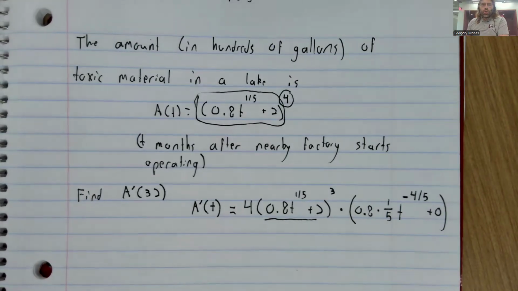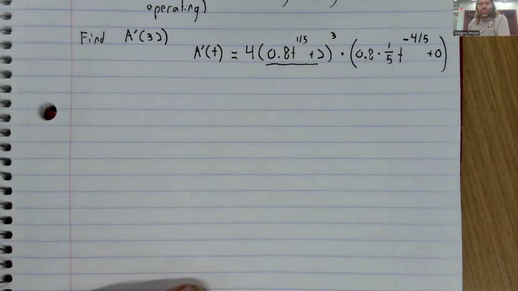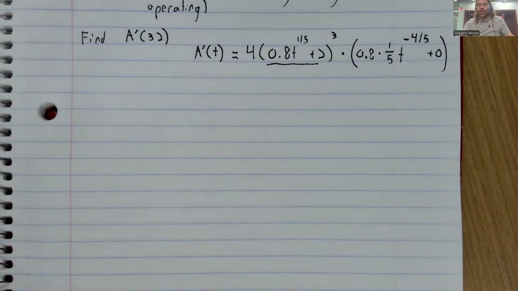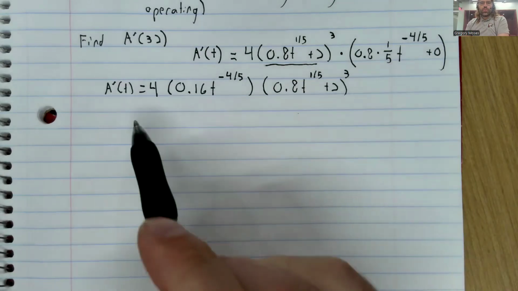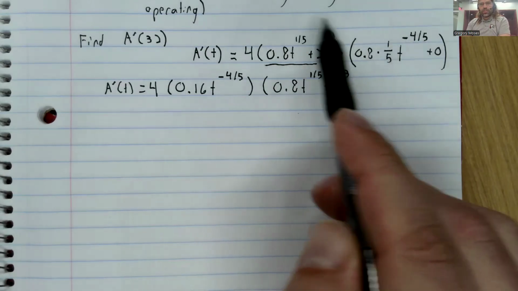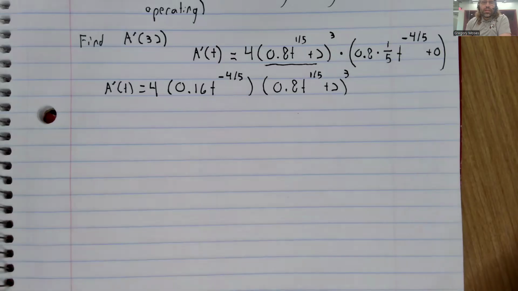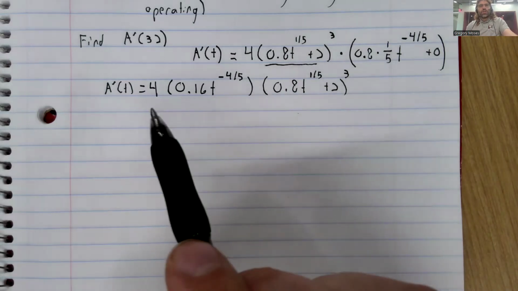And we could and arguably should do at least a little simplification here. Let's see, 0.8 times 1/5 is 0.16. I also took this term and moved it around a little, since multiplication commutes and order doesn't matter.